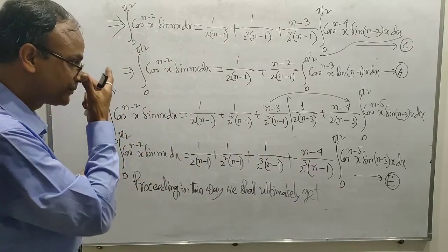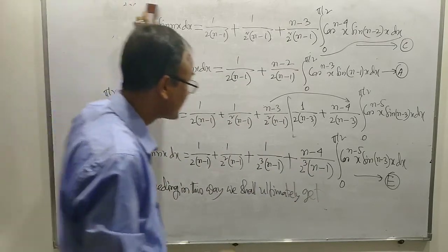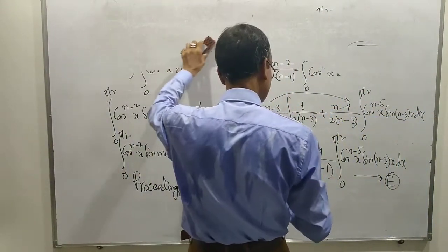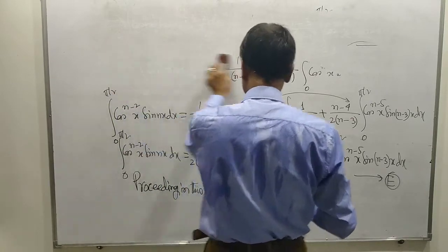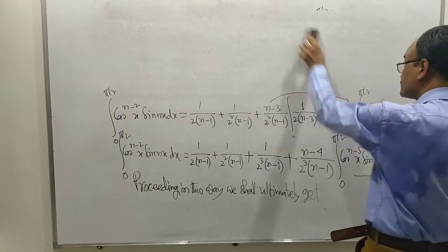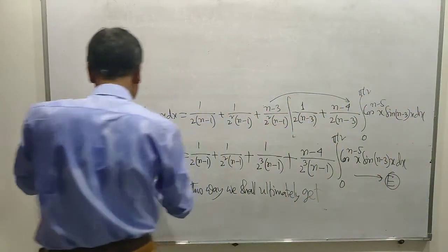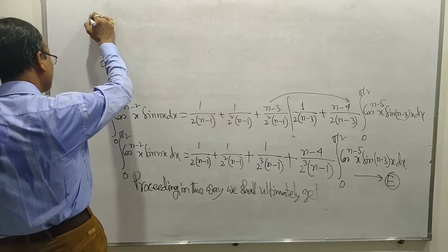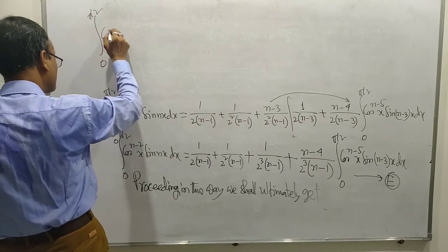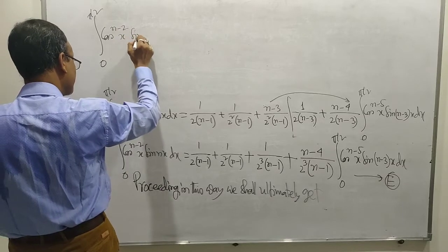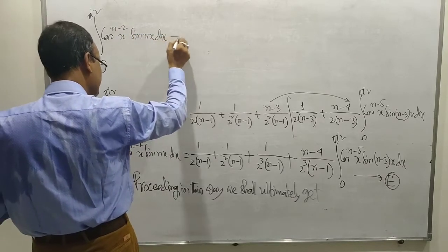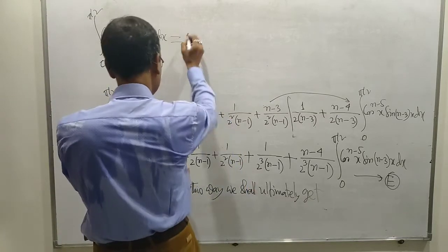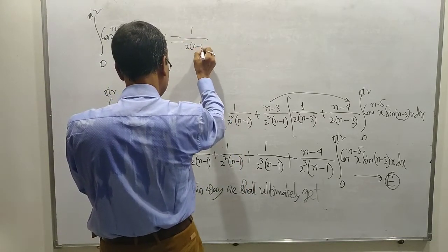Left hand side is this. We shall ultimately get 0 to pi by 2 cos to the power n minus 2x sin nx dx is equal to, the first term will be 1 by 2 times of n minus 1.